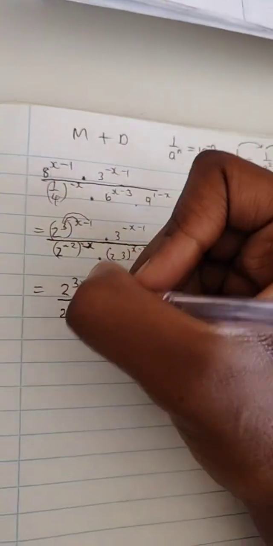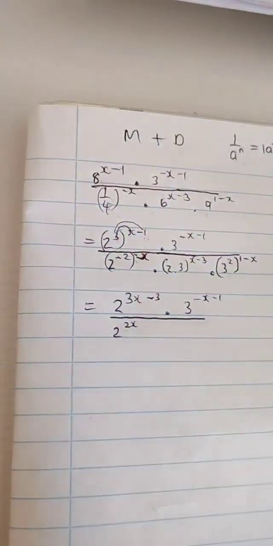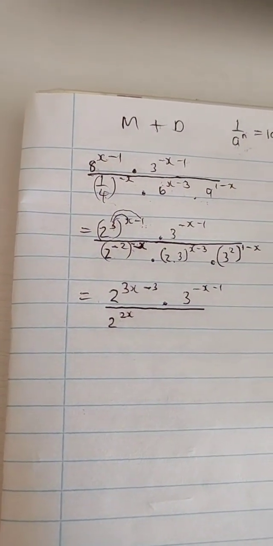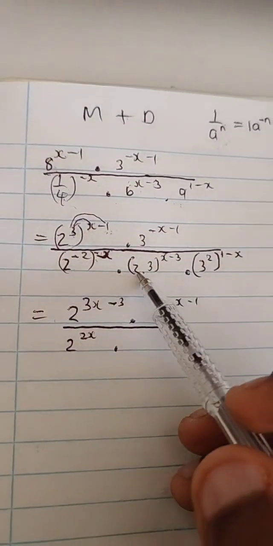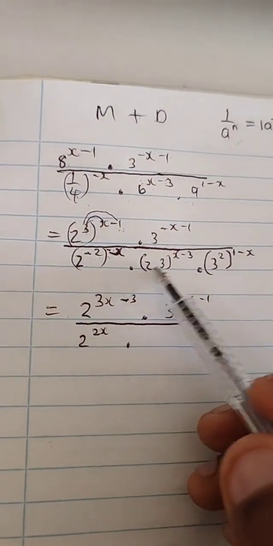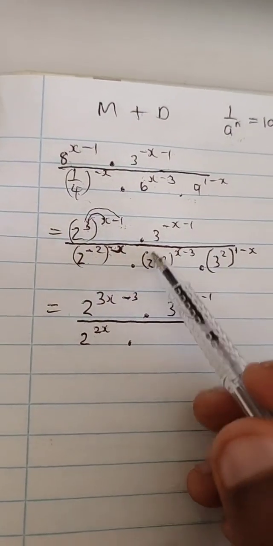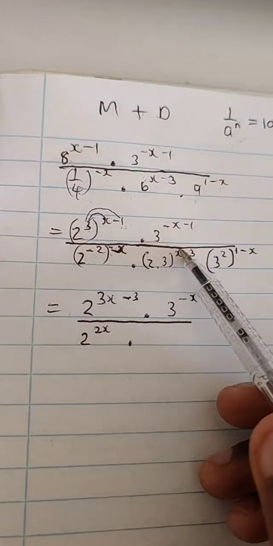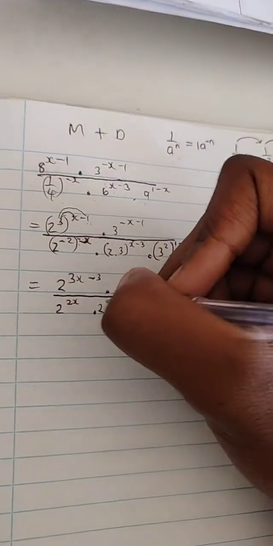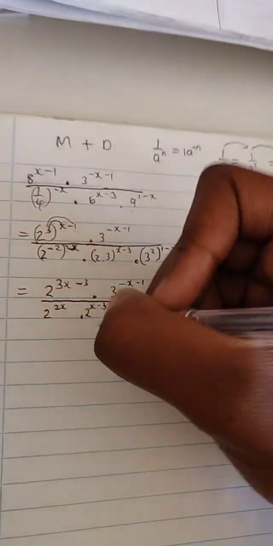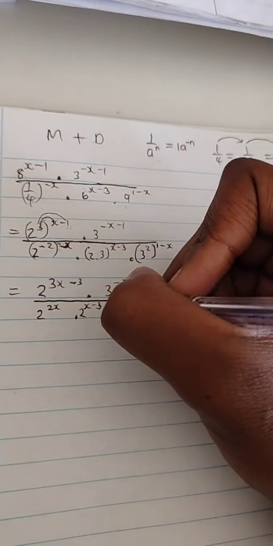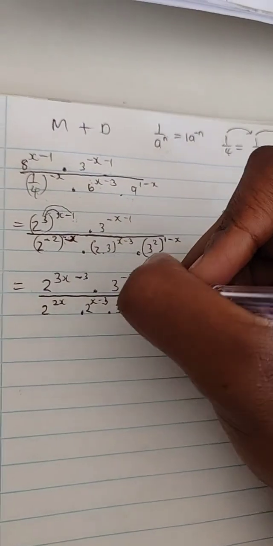We multiply the letter x combined. So our answer is 2 to the power 2x. Then remember here, 2 and 3 are bases that are multiplied. We take the 2 to the power 1. We multiply there. So it's 2 to the power x minus 3. Base 3, 3 to the power x minus 3.